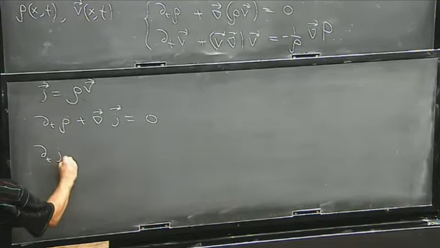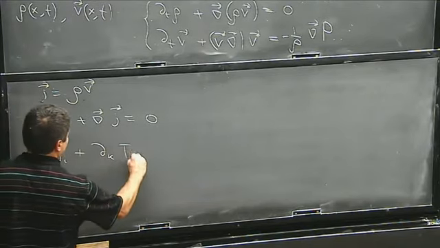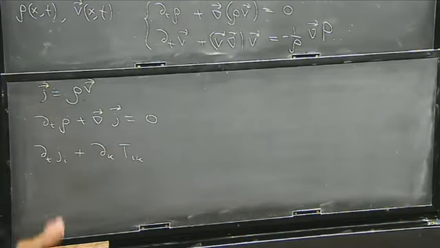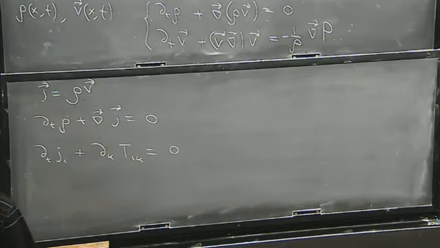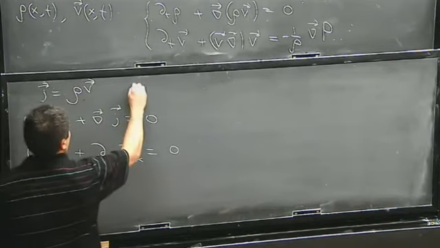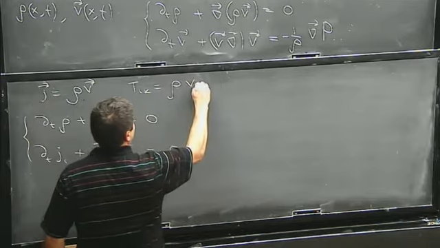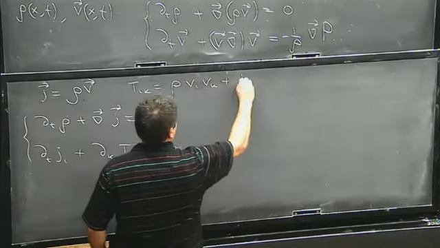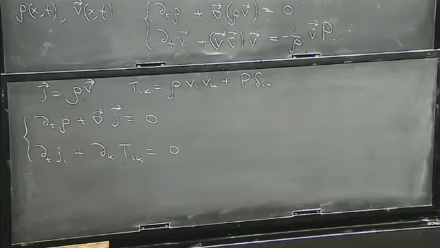And the second equation can be written in such a way that you can see that the momentum density is conserved. The important part here, of course, is the expression of T in terms of J and rho itself. Or rather, I'll write it in terms of rho and V. So this is the expression.